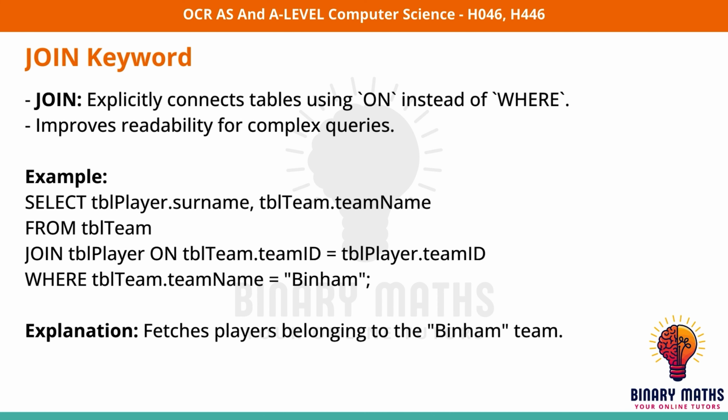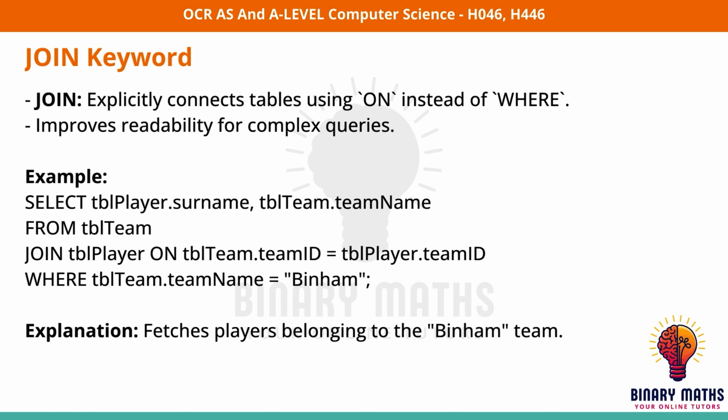Another way to combine data from multiple tables is by using the join keyword. This is a more explicit way of linking tables, and it makes your queries easier to read, especially when dealing with complex data. For example, let's say we have a table called table player, which stores player information, and a table called table team that stores team information.